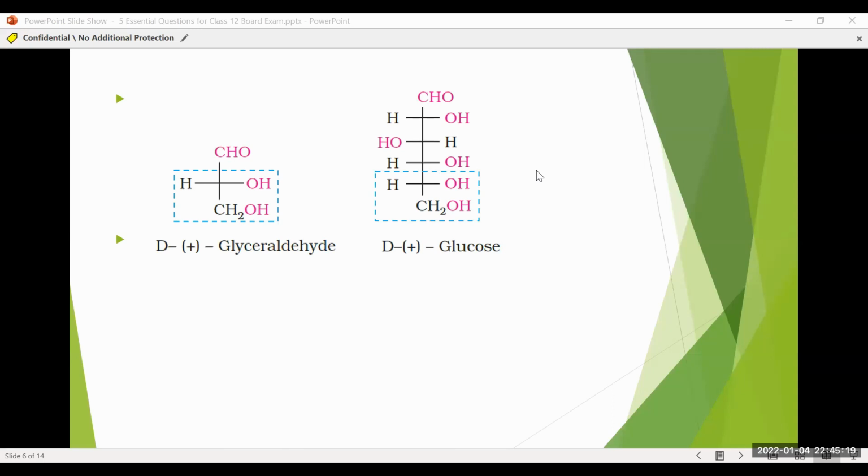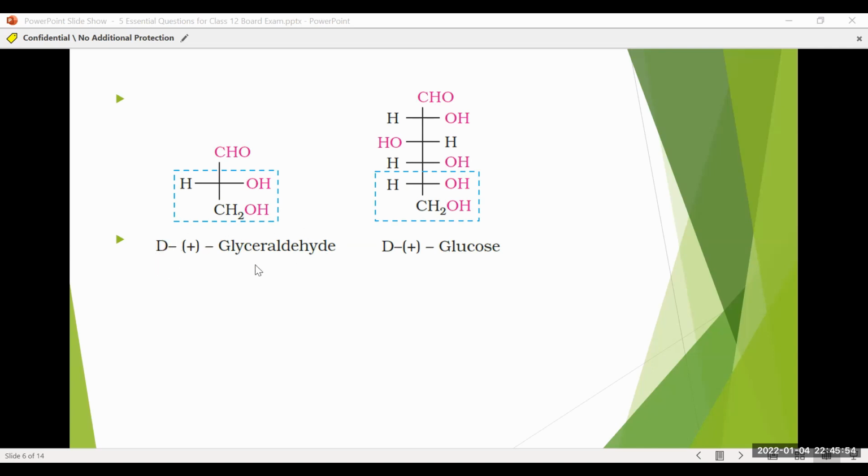We commonly say, students, that glucose is named D plus glucose. As mentioned on the right hand side, you can see this is D plus glucose. Why is glucose termed D plus glucose? Let us look at this factor. It is a configurational relationship, a relative configurational relationship with the compound named D-glyceraldehyde, which is written on the left hand side.